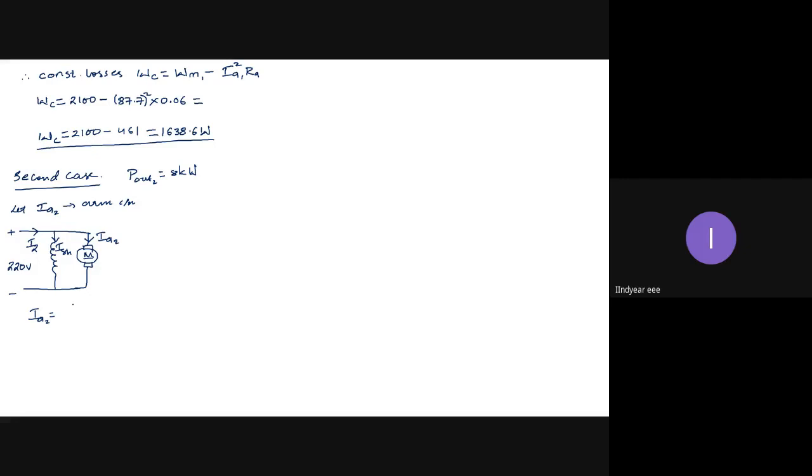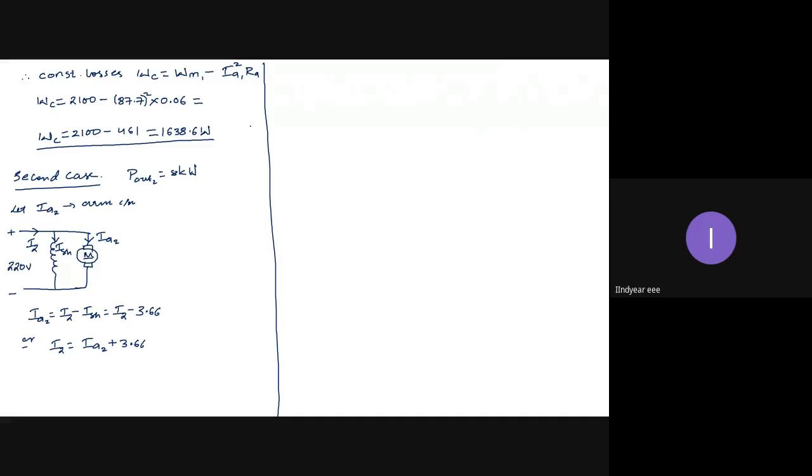IA2 is I2 minus ISH, that is I2 minus 3.66. Or I2 is equal to IA2 plus 3.66.